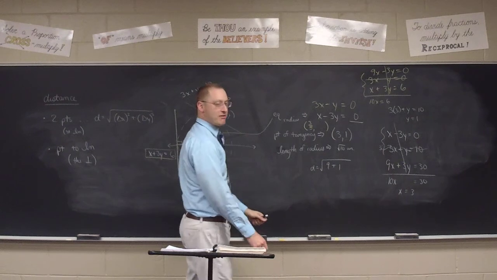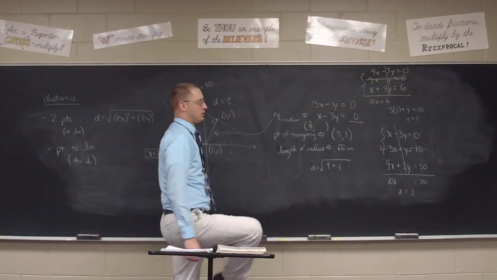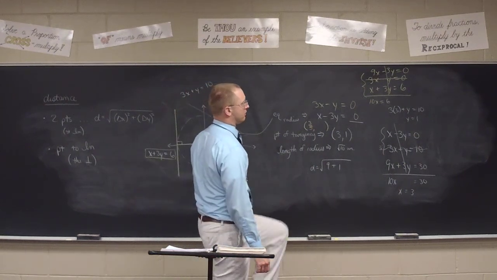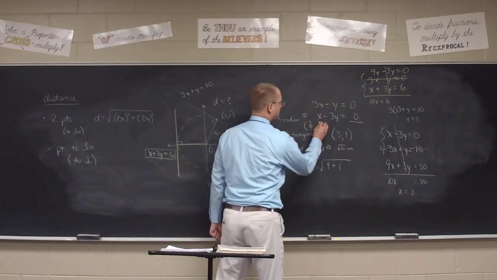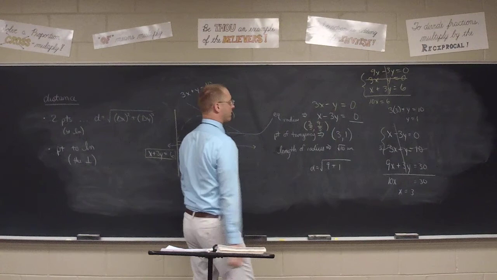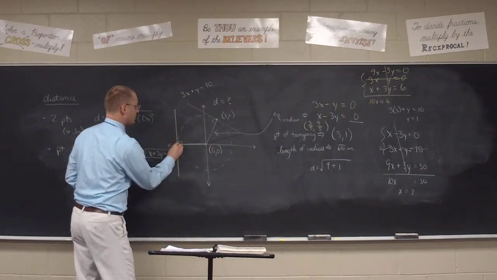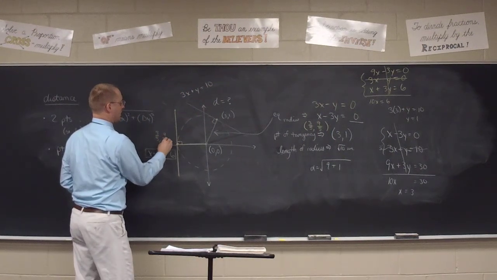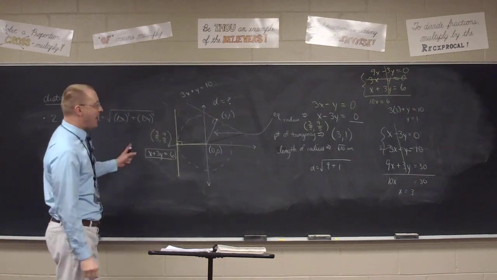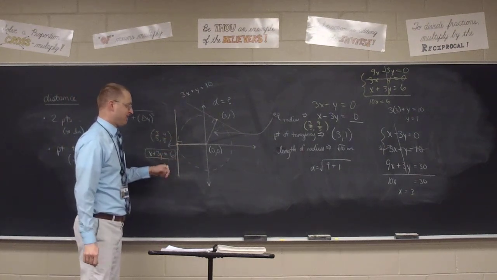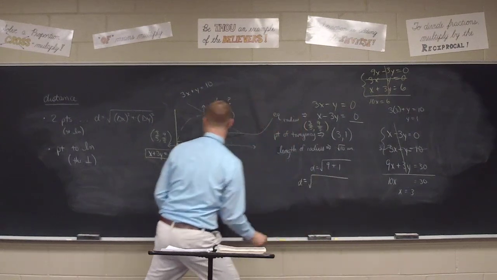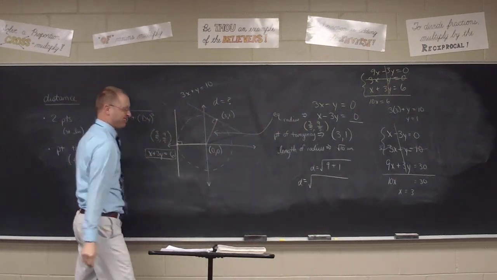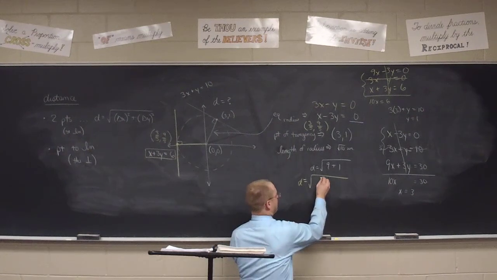What do we get for the y value? And 9/5? Okay. Trying to do it in my head, I wasn't sure if I had it right. So we know that this point here is the point 3/5, 9/5. Now we need the length of the radius. Well, what is the change in x squared? 9/25.